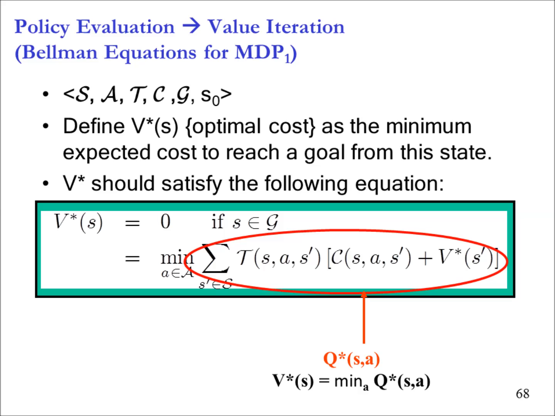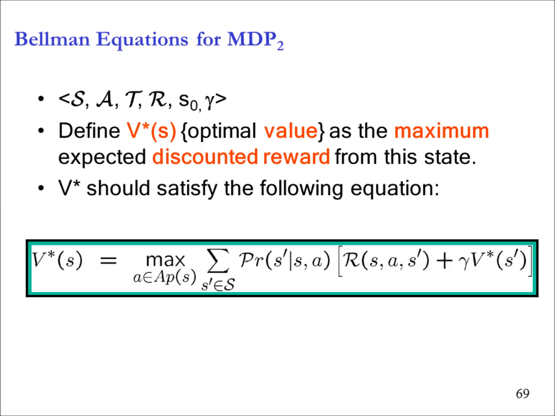Gamma times V star S prime. What else? You will have a reward instead of cost. You have to maximize that. One more thing has to change. There is no goal.